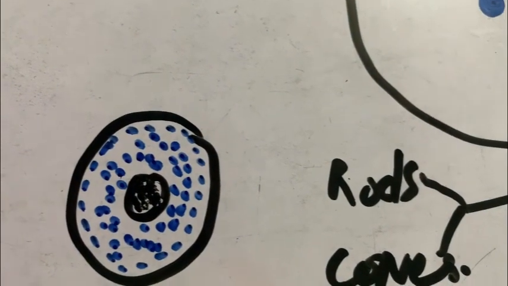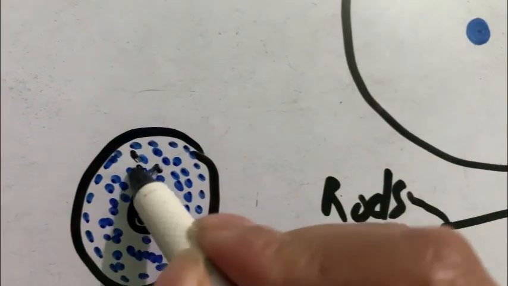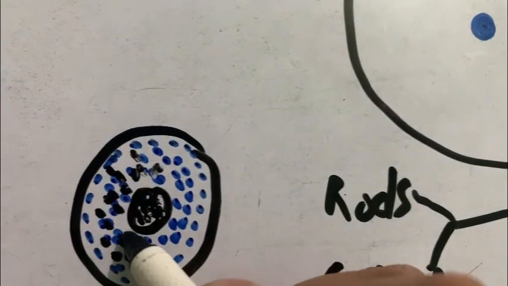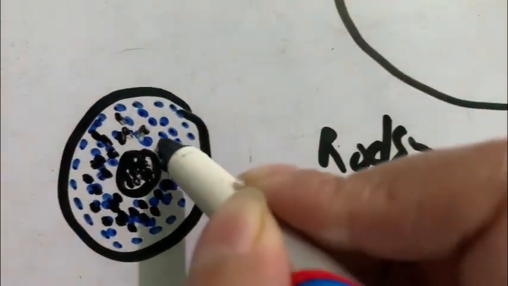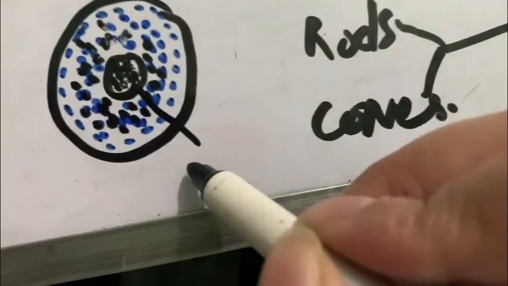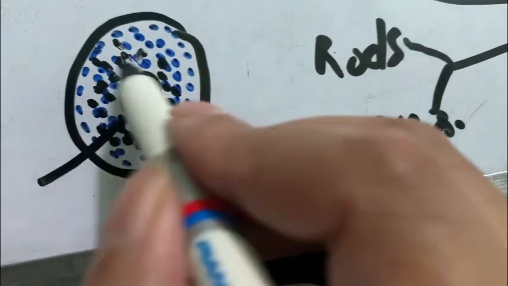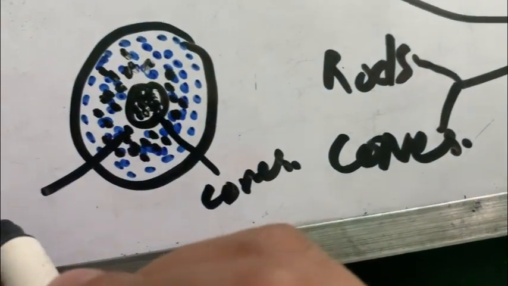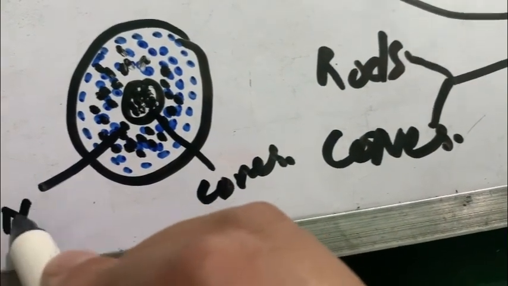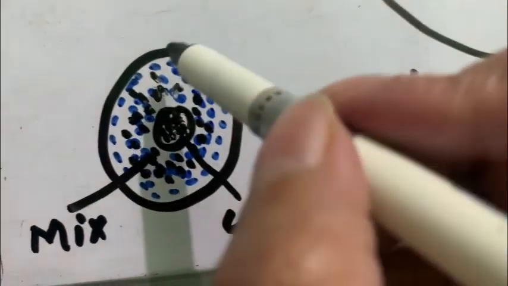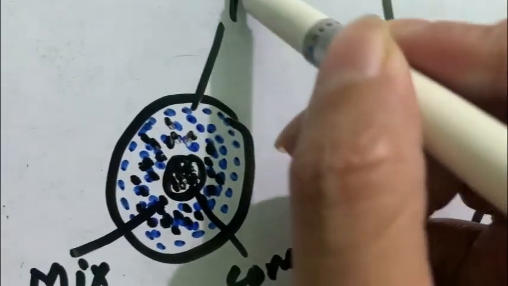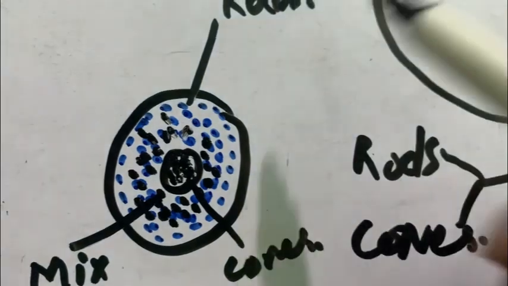Let me just draw first. The most center is full of cones. The periphery of the central area is a mix of rods and cones, and the most peripheral part is rods.